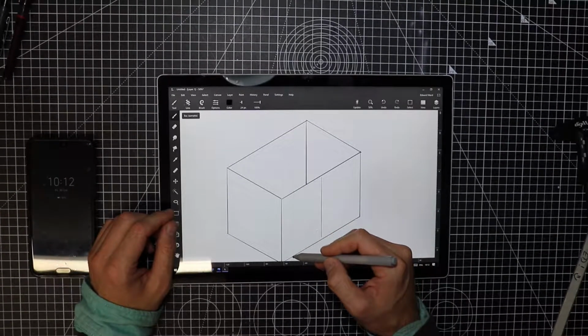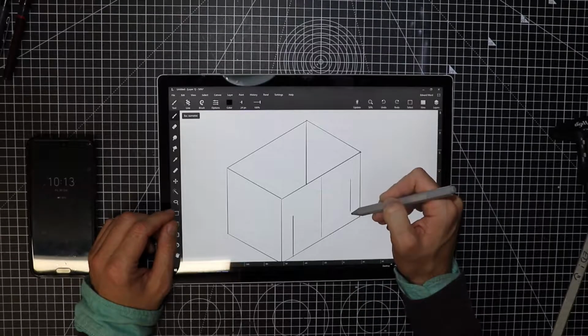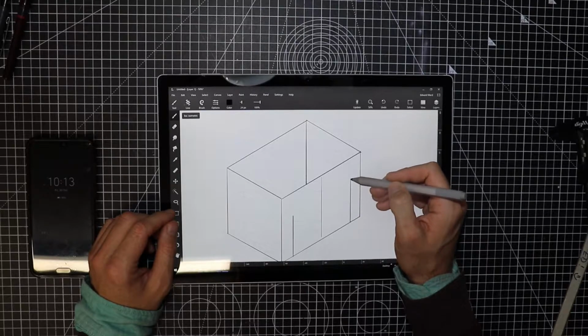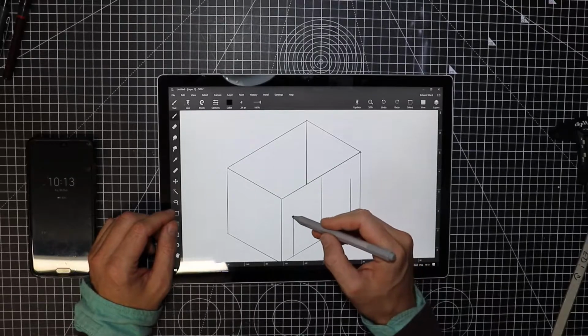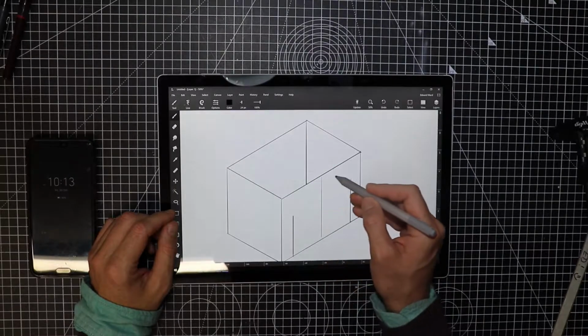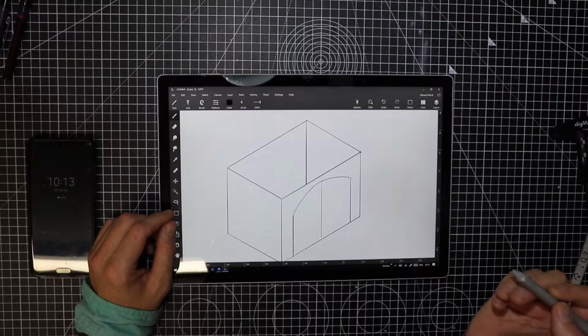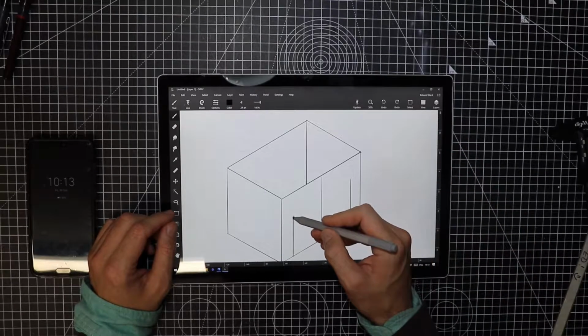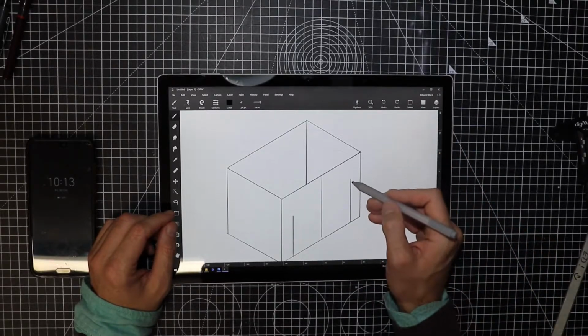We know that our archway starts approximately here, and now I've got to try and figure out how to get a curve to go around here. Not the best. Maybe if I go this way.